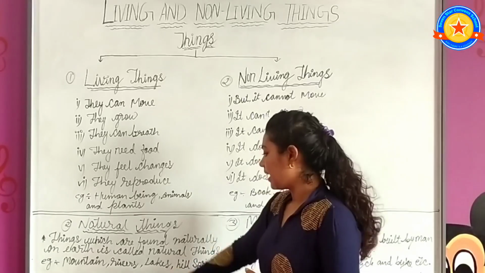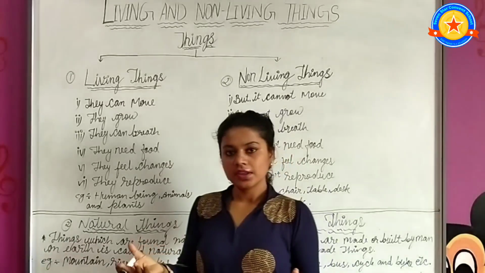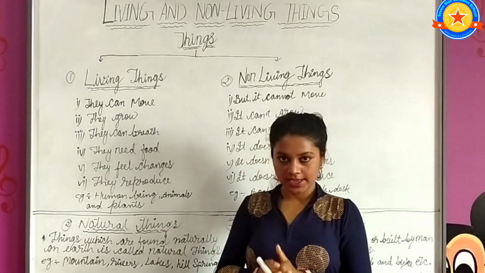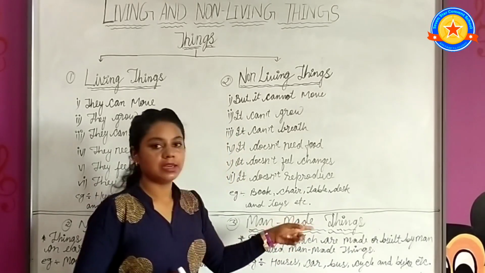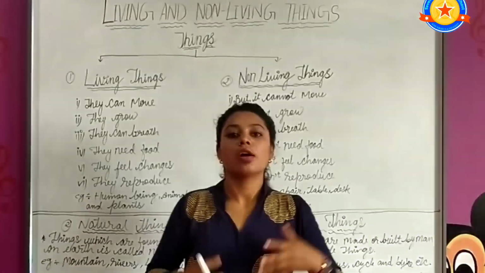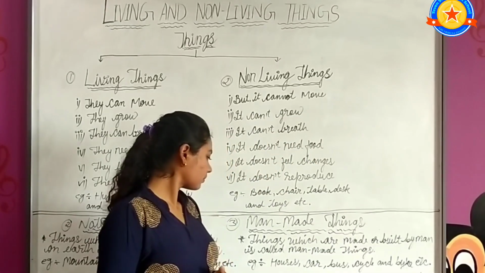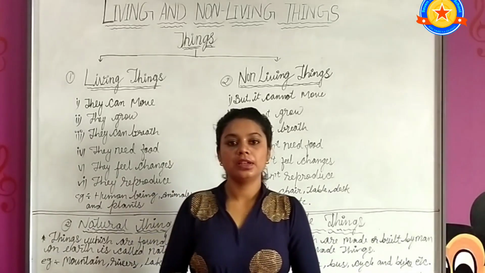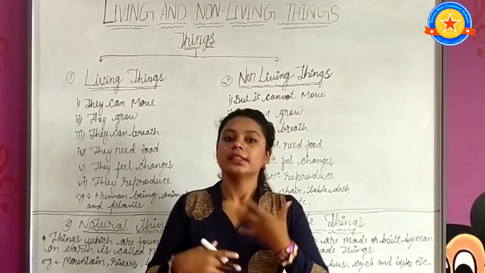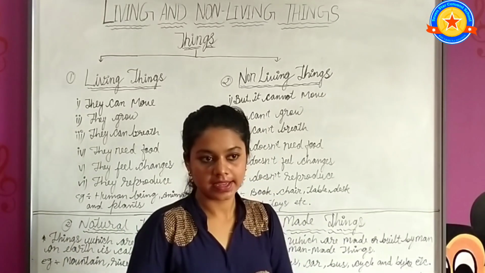For example, mountains, rivers, lakes, hills, springs, etc. Next, the man-made things: the things which are made or built by man are called man-made things. For example, the houses, the chairs, the tables, the cycle, the bike, etc. These all belong to man-made things.